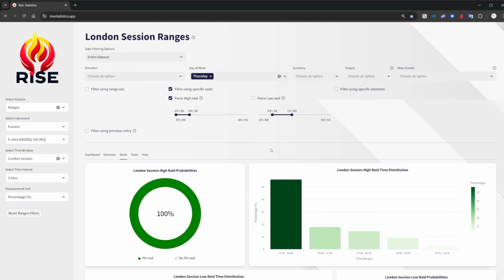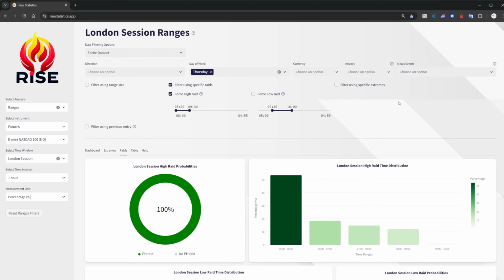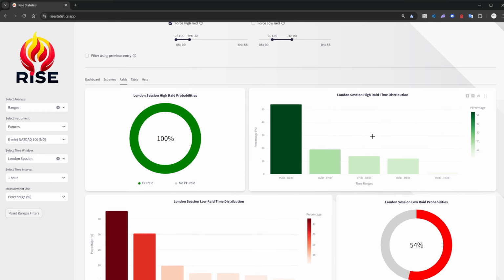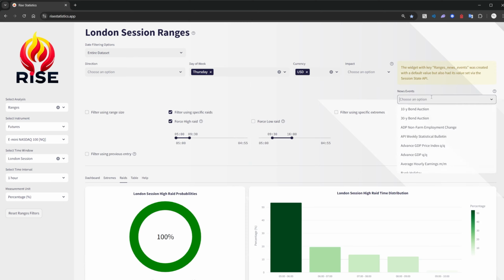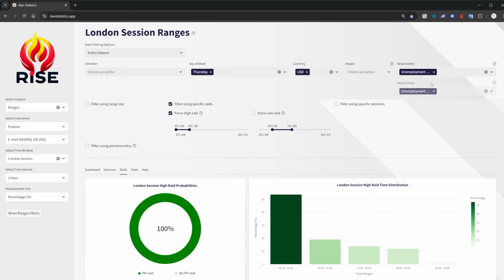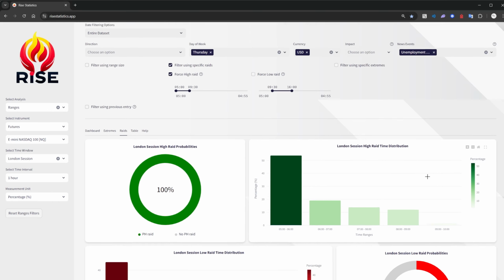Like, for example, today we were Thursday, and now you see this probability changes a little bit. We can even say, hey, unemployment claims, does that change anything? Does that make it better or worse? However it is. And here we'll be a little more specific and say for USD, we'll say unemployment claims. There we go. And we'll see this probability goes slightly lower.